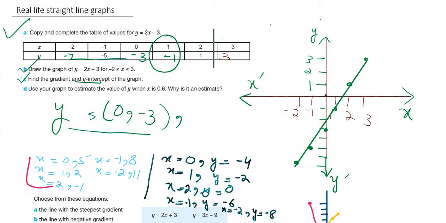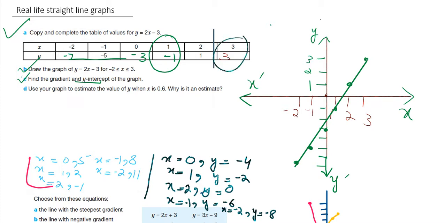And what's the gradient? You just need to find out the gradient. So you have to pick any two ordered pairs from this graph. Let's say I'm picking these, and we will just apply the formula of slope over here.